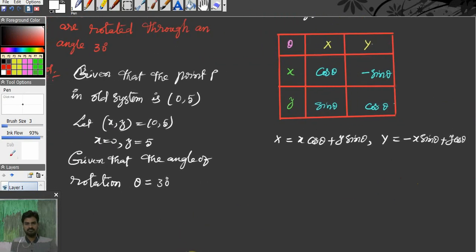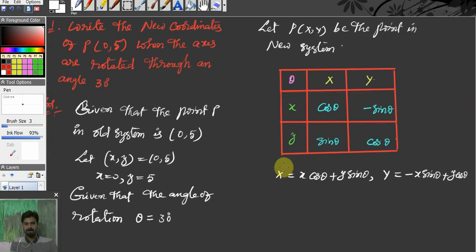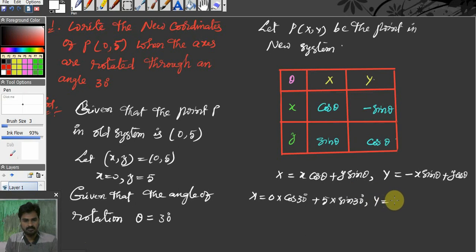Now look here. Capital X is equal to, here small x is equal to 0 into cos 30 degrees plus small y, which is 5, into sine 30 degrees. Now capital Y is equal to minus x, which is 0, into sine 30 plus small y, which is 5, into cos 30.